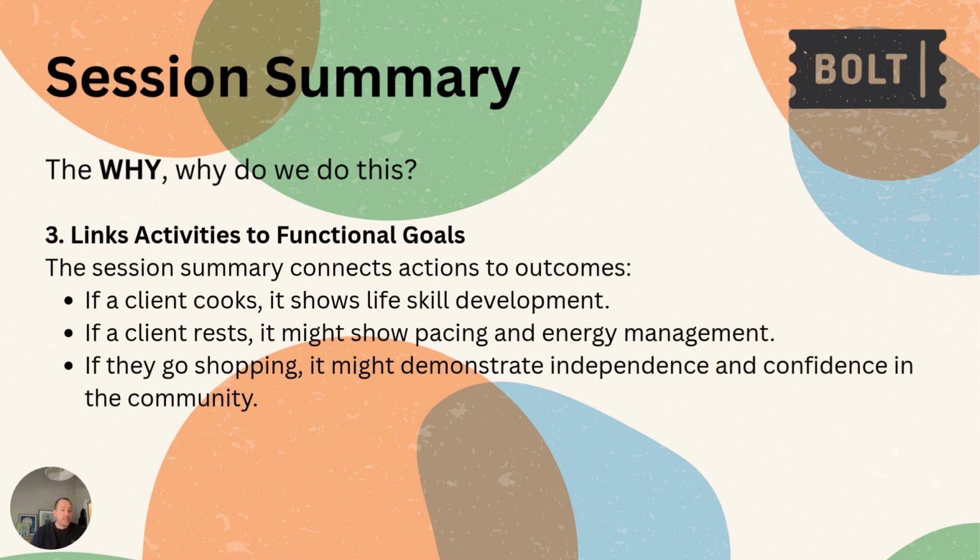We sat quietly reading a book because he wants to build that into his day because it supports his mental health. So linking activities to functional goals, it's not enough just to state the activity. To provide A-rated, A plus notes, you will link the activities to the functional goals.